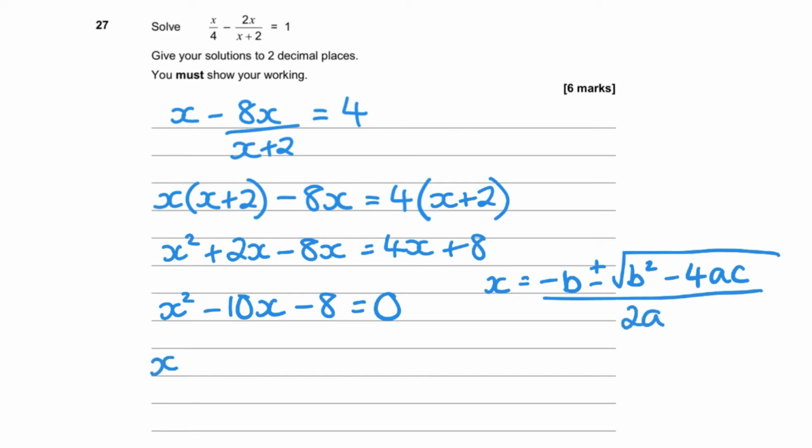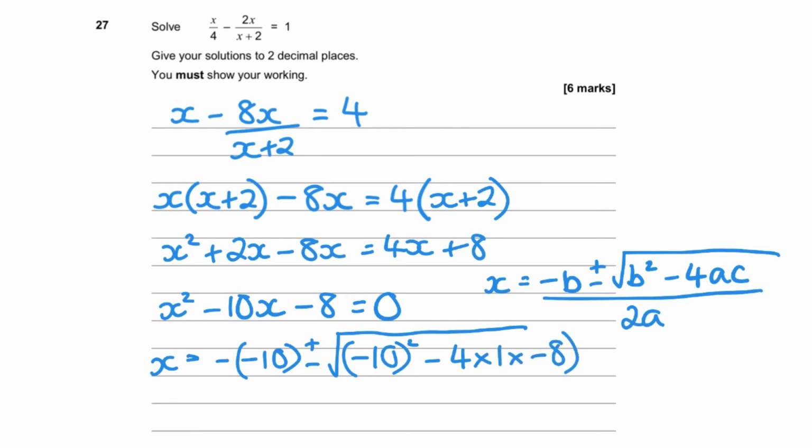So we've got x is equal to minus minus 10 plus or minus the square root of minus 10 squared minus 4 times 1 times minus 8, all divided by 2 times 1.